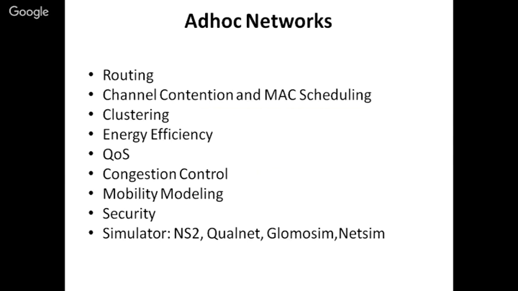The first challenge in case of ad hoc network is the routing. How we can route the packet from one location to another location, because these mobile devices have limited battery power, they have limited radio communication range. They can communicate up to suppose 500 meters or less than that. 500 meters is even too much. It can work on 200 to 300 meters.